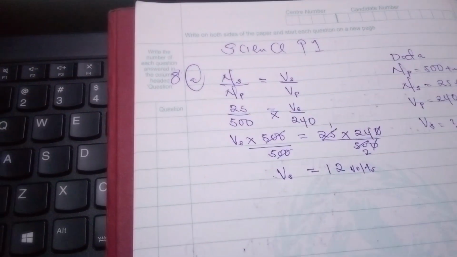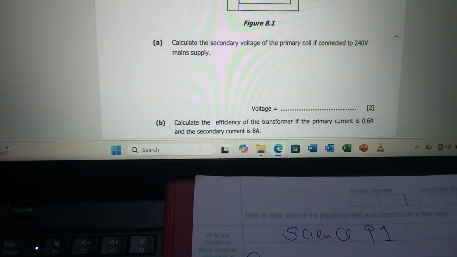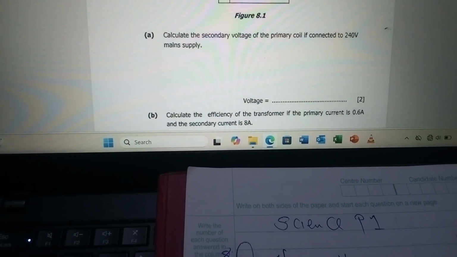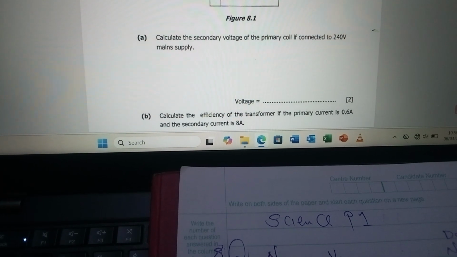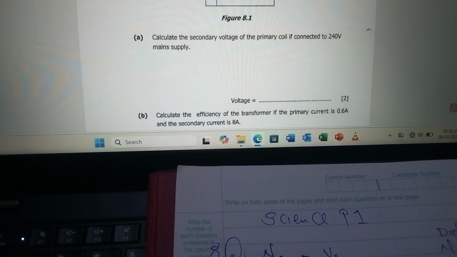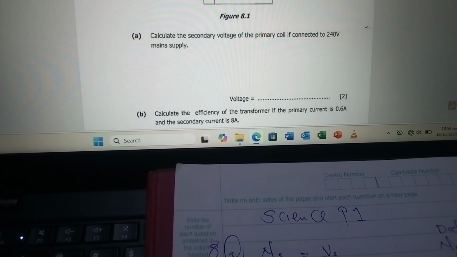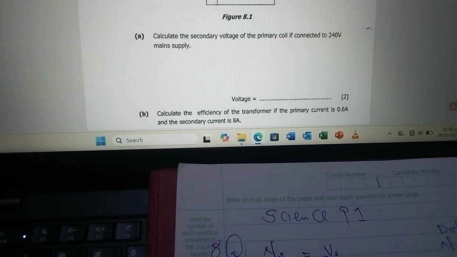So we proceed to B, where they are saying calculate the efficiency of the transformer if the primary current is 0.6 amps and the secondary current is 8 amps.